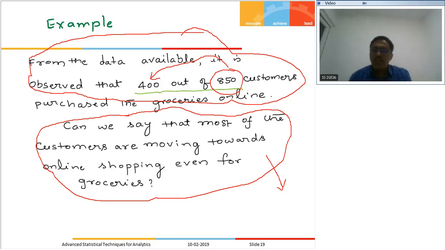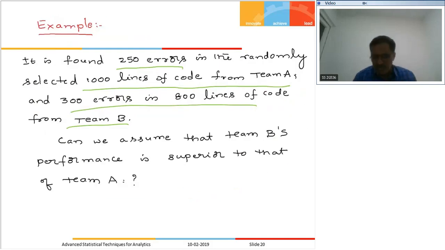So 400 out of 850, then we'll try to do it for the population. Okay, this is another kind of testing of hypothesis. Here we are going to compare two teams, team A and team B, to see which team is performing well.